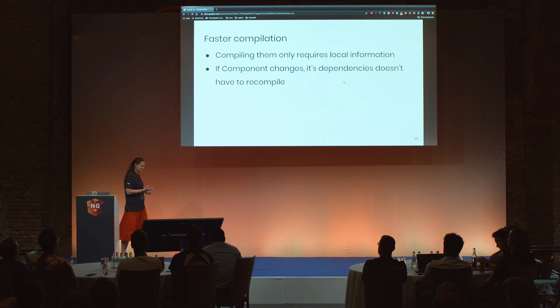So here's something new. Generally, a component has all the information about all the dependencies of itself. If there is, for example, a directive like ngIf or ngFor, the component knows as well what ngIf needs to be compiled.